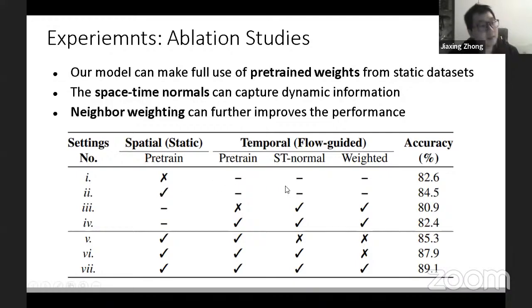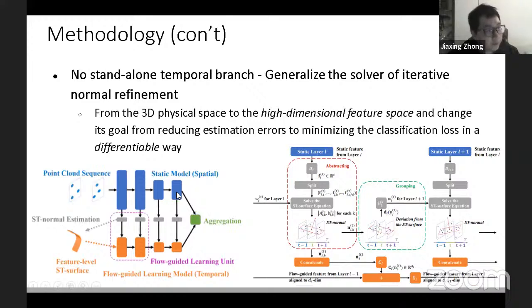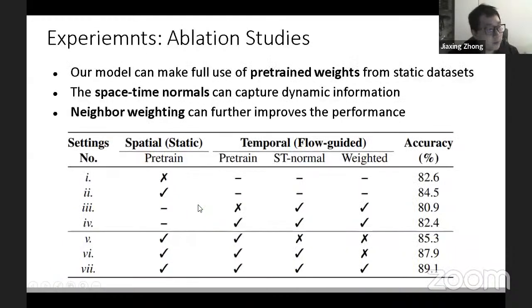But the differences would be whether we get the result from the blue one or from the orange one. Because if we don't have this, we don't have the temporal branch, or we don't have the spatial branch. This minus here means that we don't use this branch.